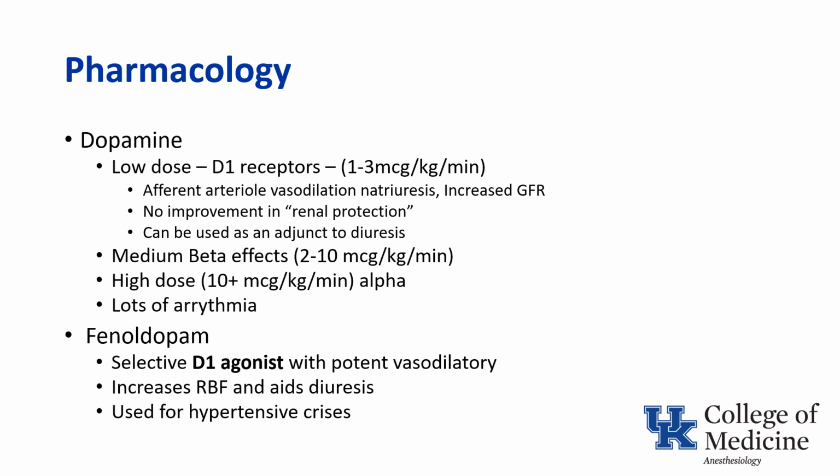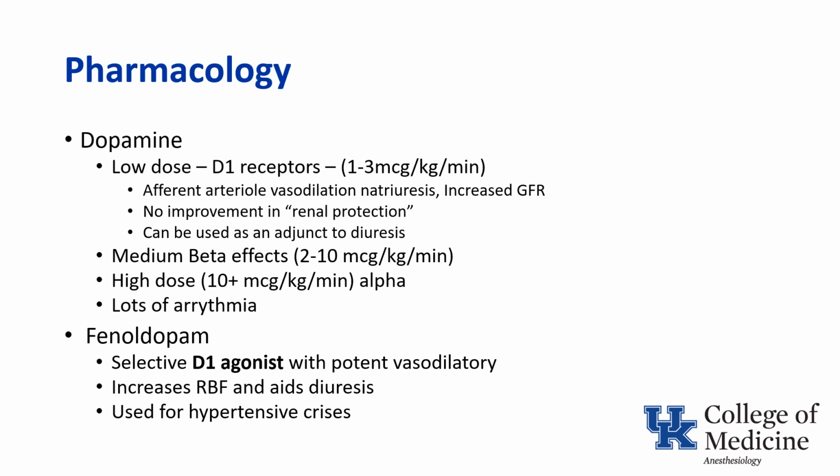Dopamine has been associated with a significant amount of arrhythmias, probably more so than any other pressor or inotrope, except maybe epinephrine, right? Fenoldopam also is a very selective D1 agonist, and it is a vasodilator that we use mainly for hypertensive emergencies.